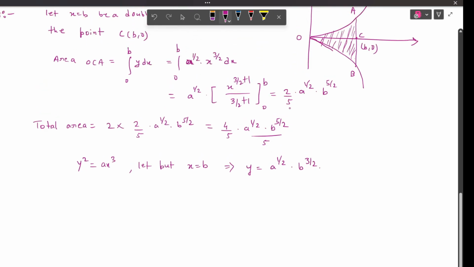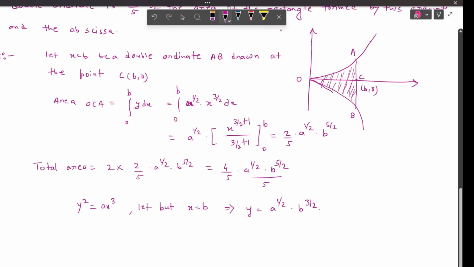Now the area of the rectangle formed by the ordinate AB and the abscissa. That means this is the area.